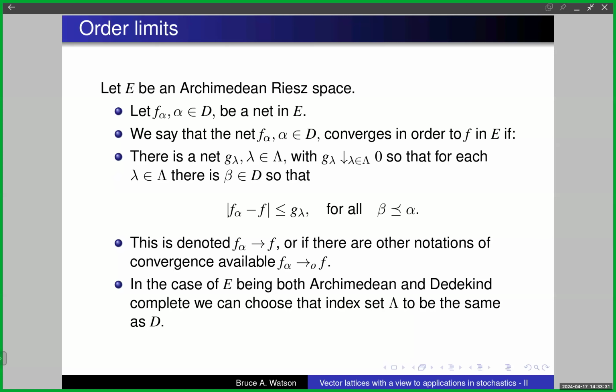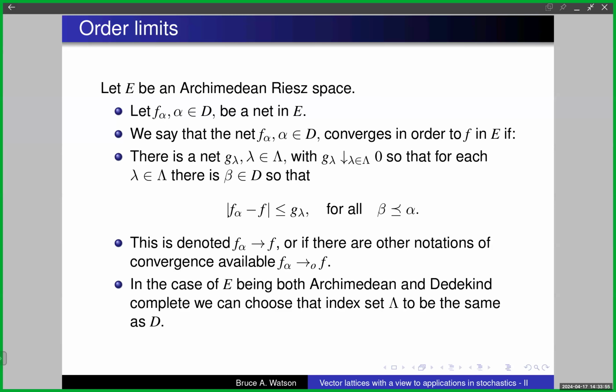So we're going to take an Archimedean respace, and we take f alpha indexed by a set D to be a net in E. We say that the net f alpha converges in order to f in E if we have the following.